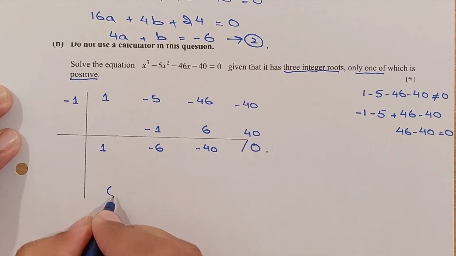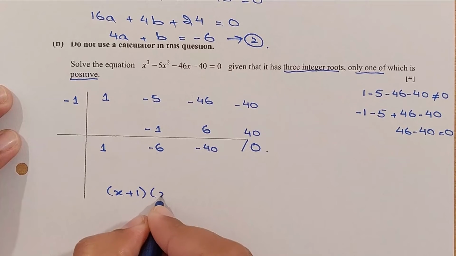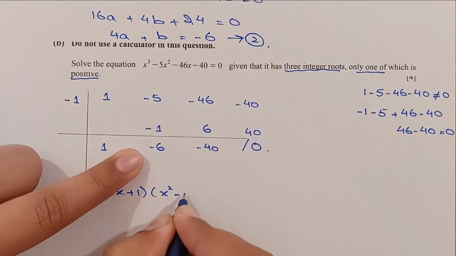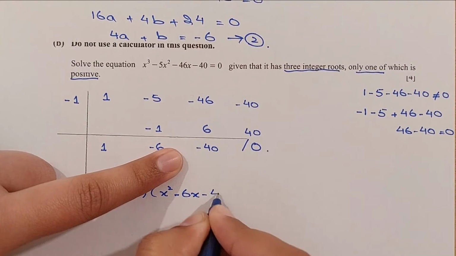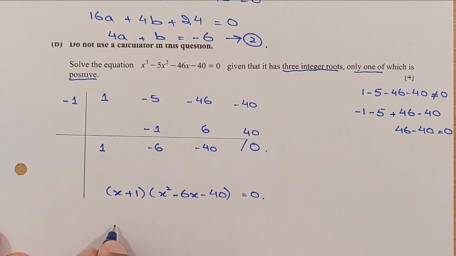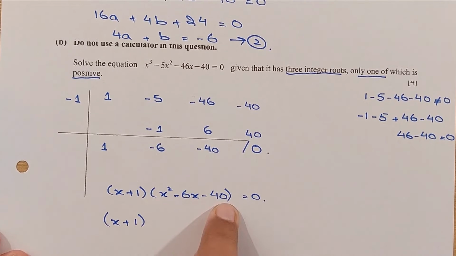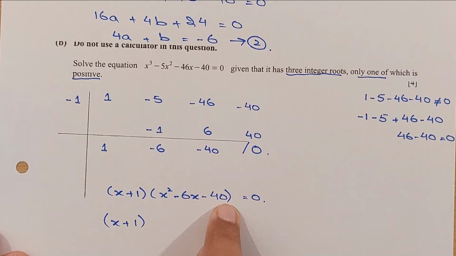Now we can say that x plus 1, we have x squared minus 6x minus 40. This is the coefficient of x squared, this is the coefficient of x, and this is the constant term. This is equal to 0, right? So let me factorize this. We have x plus 1. 1 times 40 is 40.